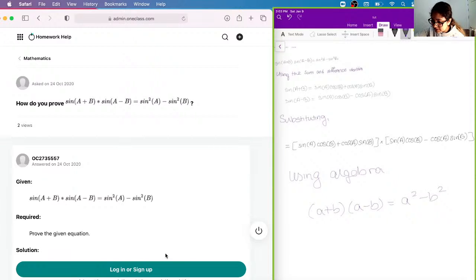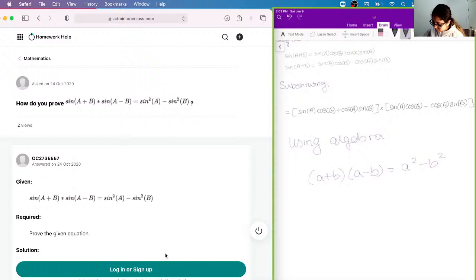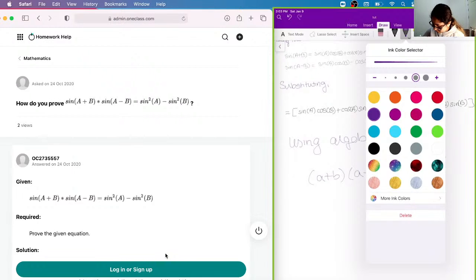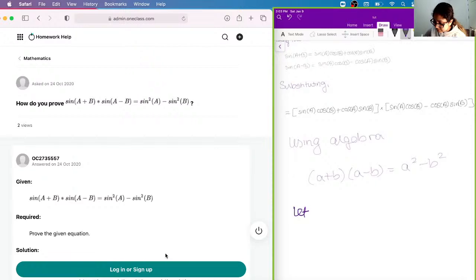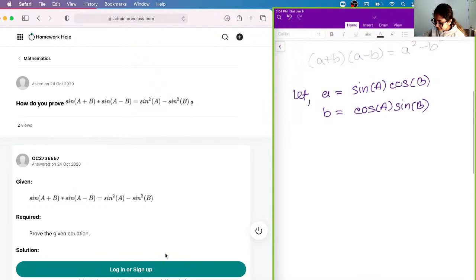And so what we can say is that we'll let a equal sine of a cos of b, and that b equals cos a times sine b. And so let's simplify.